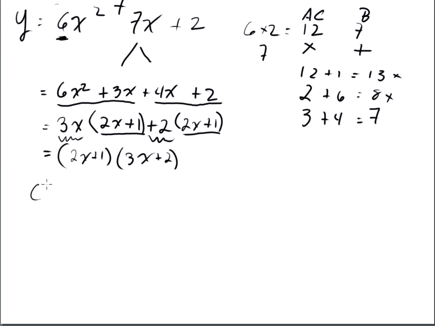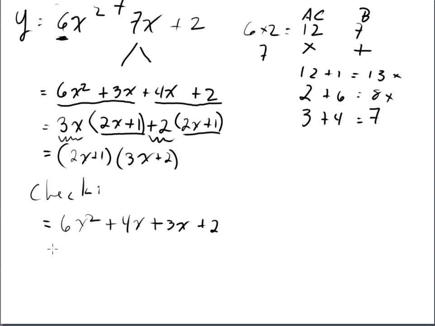If we want to do a check, we can multiply those back out, gather the like terms, and make sure that we got back what we started with. Let's do that really quickly. 2x times 3x is 6x squared. 2x times 2 is 4x. 1 times 3x is 3x, and 1 times 2 is 2.